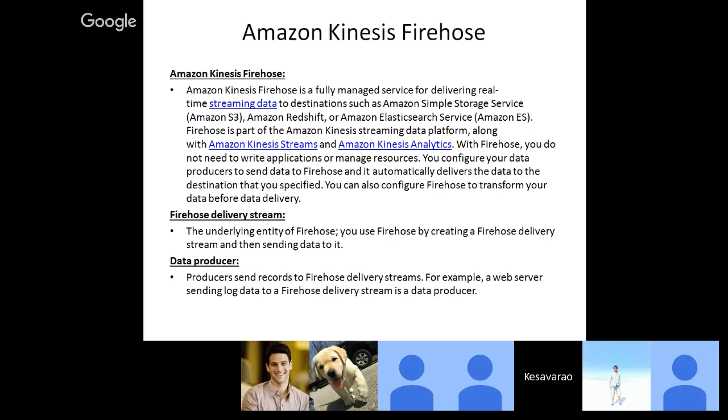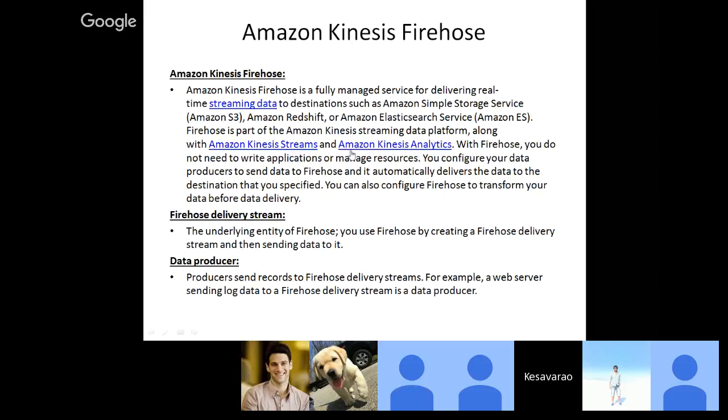Okay, so we learned how Amazon Kinesis Streams consumes the data, I mean takes the data and stores it in in-memory Spark clusters. But from there, it should be able to process it. To process it, we are using Firehose.